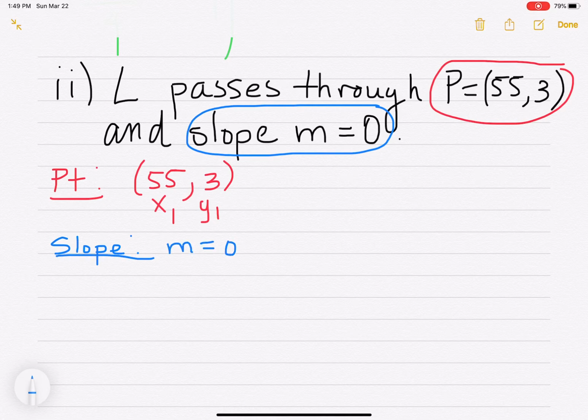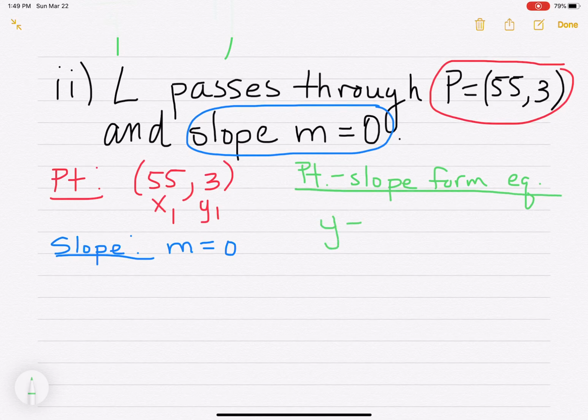So I can set up the point-slope form to get the equation of the line. Point-slope form, where I have y minus y1 equals m times the quantity x minus x1.